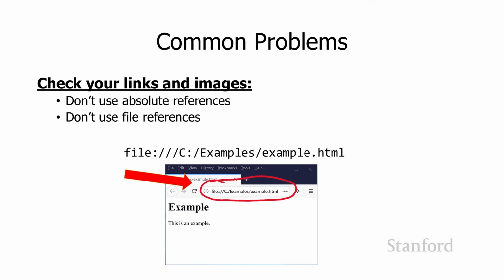So in general, just don't use absolute references unless you're linking to somebody else's web page, in which case that other person's web page is still located wherever it was out on the web before. It's still located there after you move your files over to Stanford. So that's not going to have an effect. But as far as links to web pages within your website or references to anything within your website, for example, images within your website, you need to use relative references for that.